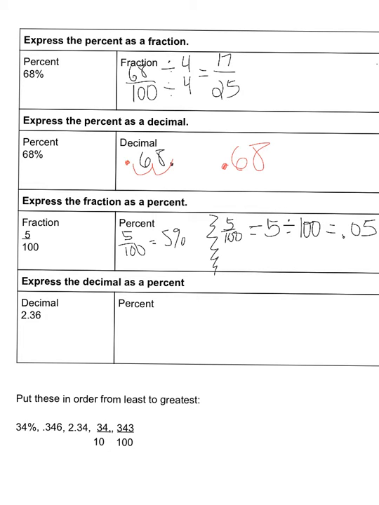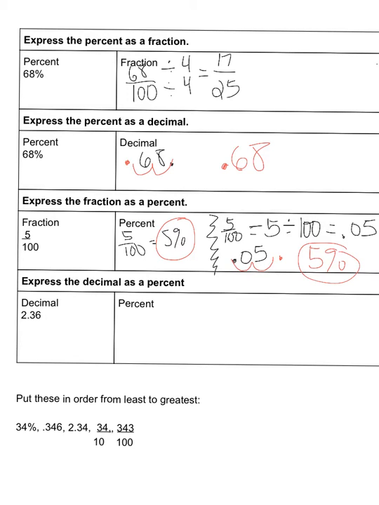Okay? So now we have this decimal, and if I want to go from a decimal to a percent, I simply move my decimal place to the right. 1, 2, now it's there, so it would be 5%.